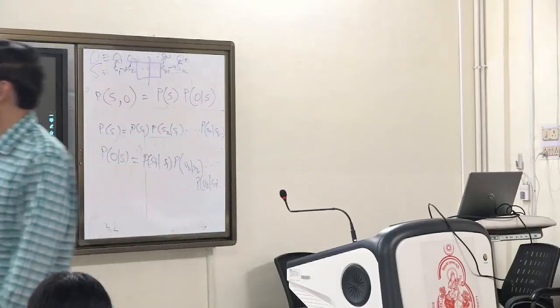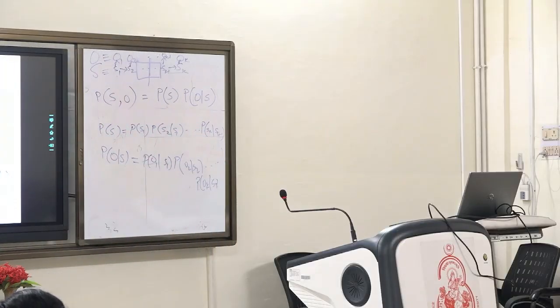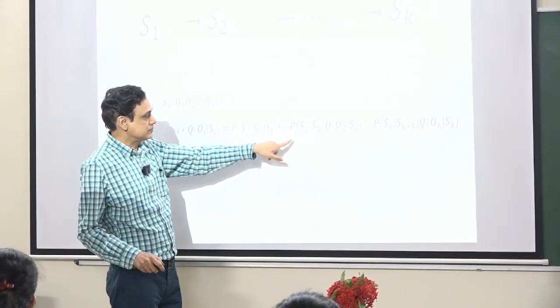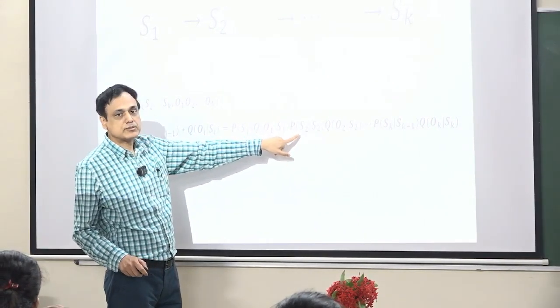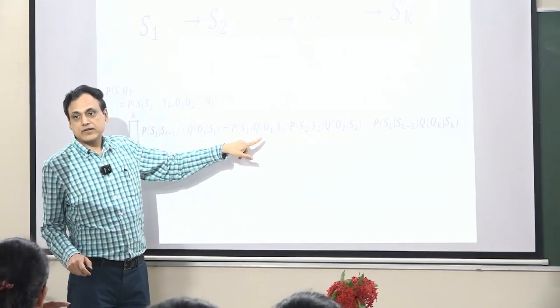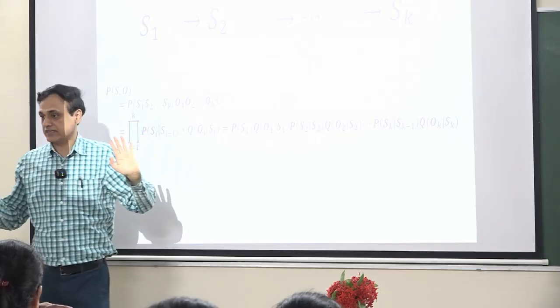When you multiply these and rearrange, P is indicating the probability of transitioning between hidden states, and Q is indicating the output probabilities. Both are probabilities.